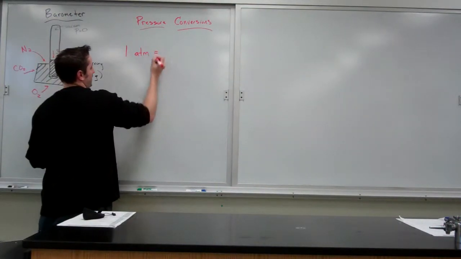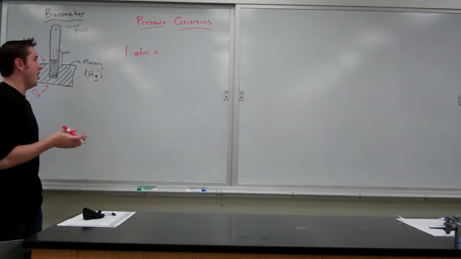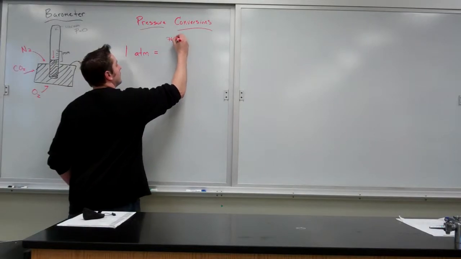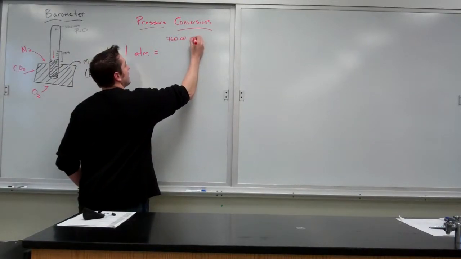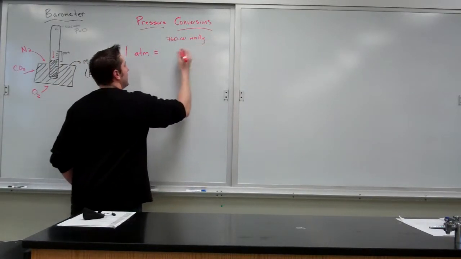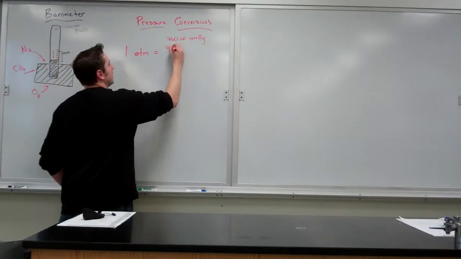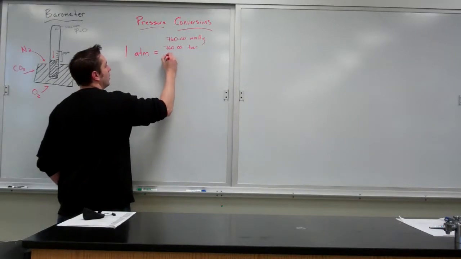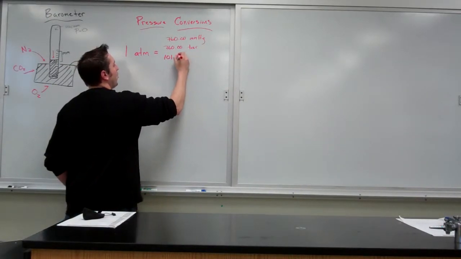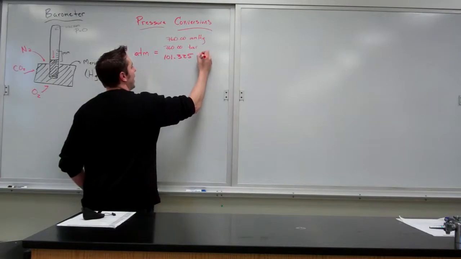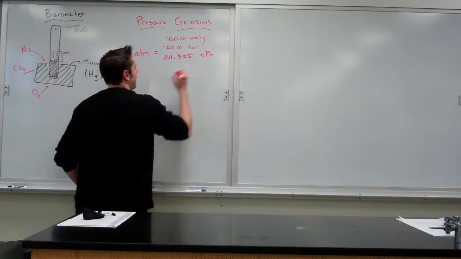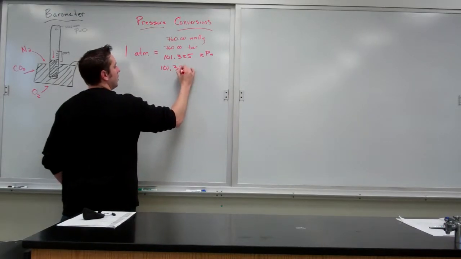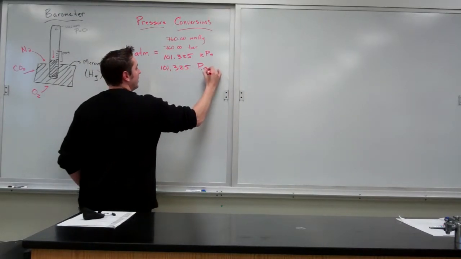1 atmosphere is equal to all of the following. 760 millimeters of mercury. 760 torr. 101.325 kPa, 101,325 Pa.